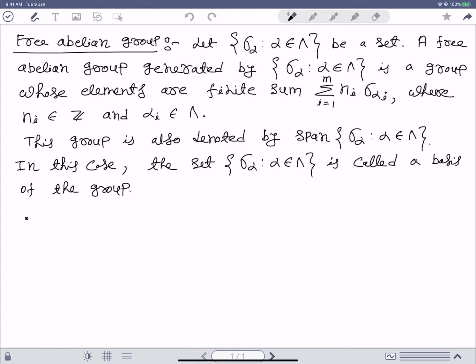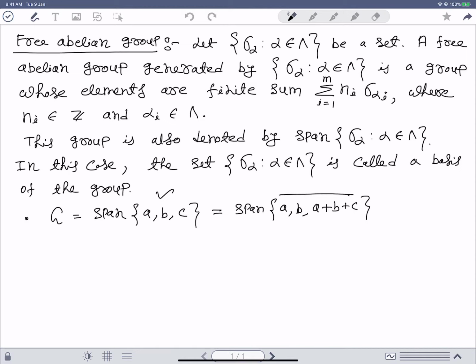Suppose you have a group G which is spanned by three objects, say A, B, C. Okay. Now you can also write it as the same as the span of A, B, and then A plus B plus C. Okay, both are same, because if you take any element from this side, you can generate the element of this by these three elements, and this is also the other way.